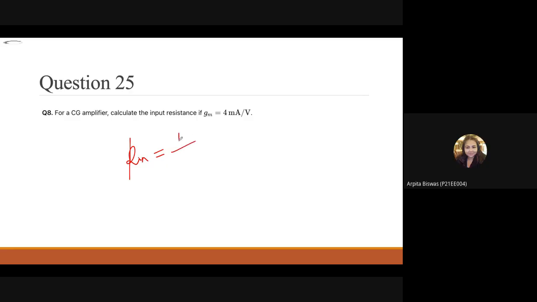How to find this? Rin equal to 1 by GM. Good. So it is equal to 1 by 4 into 10 to the power minus 3, so 250 ohm.